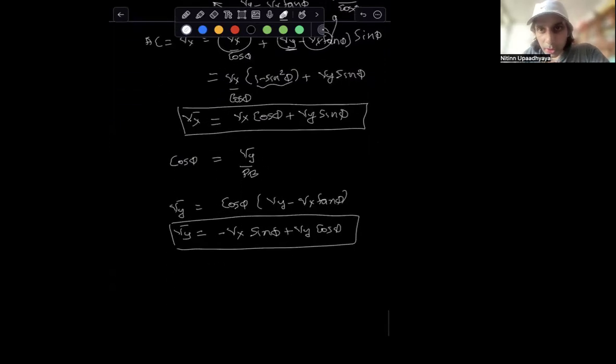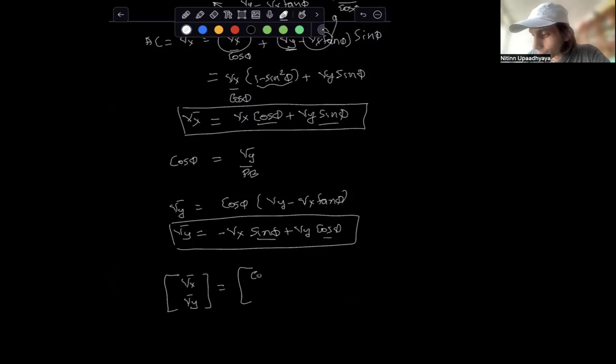So the two new components of the vector, it's the same vector, but the underlying coordinate system has been rotated by an angle phi in the counterclockwise direction. I can express the two new coordinates in the form of vector components. The typical way of writing this is Vx bar as one component of a column vector, Vy bar as the other component, equal to these four elements written in the form of a matrix, and this matrix is what is called the rotation matrix.